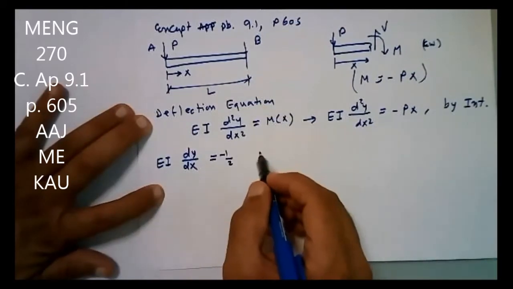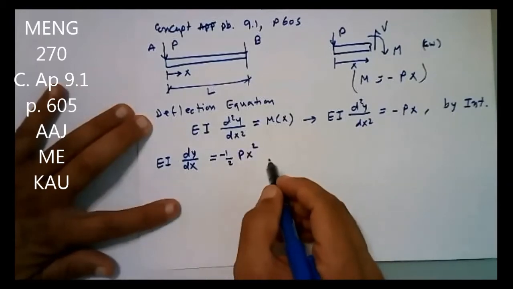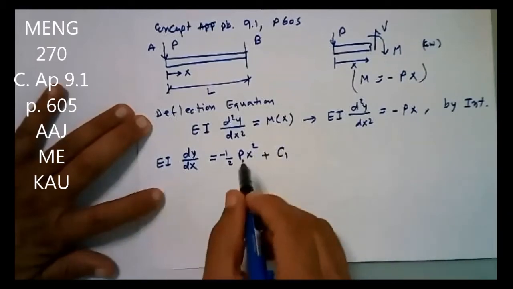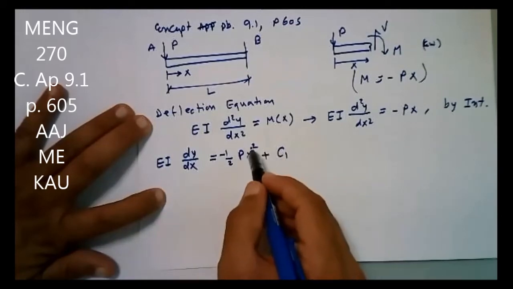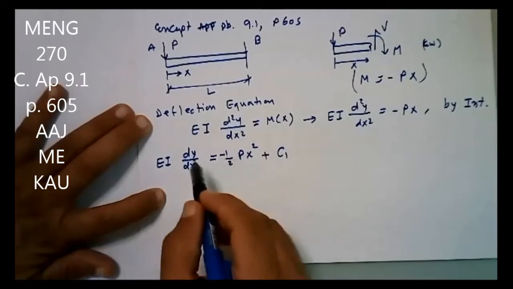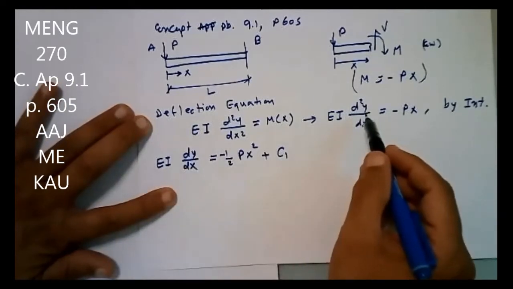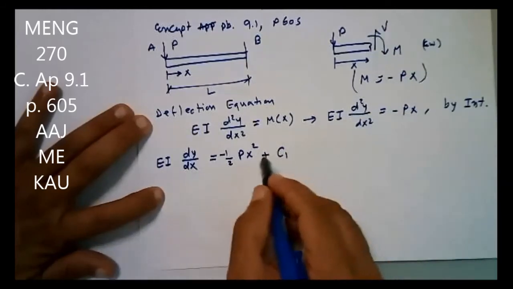Minus half P x squared plus constant c1. Now if you differentiate this, c1 will go because it's constant, and 2 by half will be 1, so this will be Px. And this will be squared, so again going back to the first equation. Right, so this is the first equation that we have now.